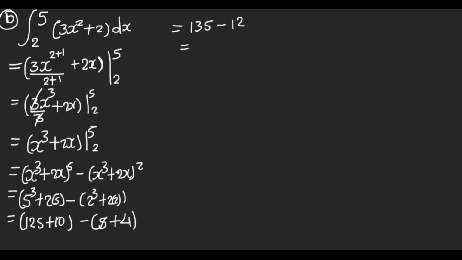So 135 minus 12, we get 123. So 123 units squared, because whenever you have these intervals here, it indicates the area that we were calculating.